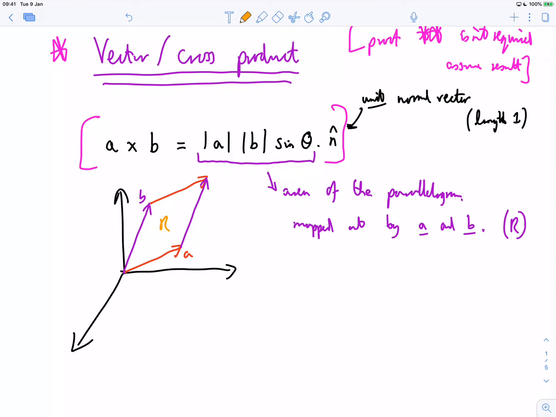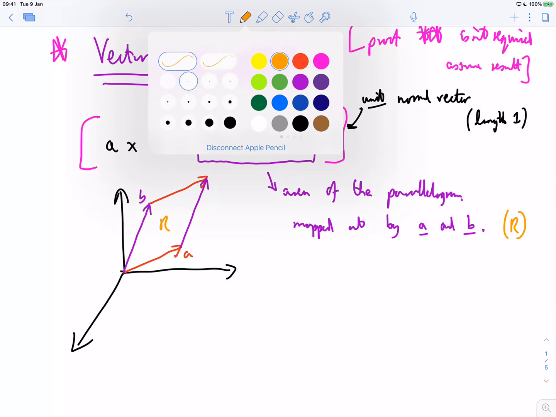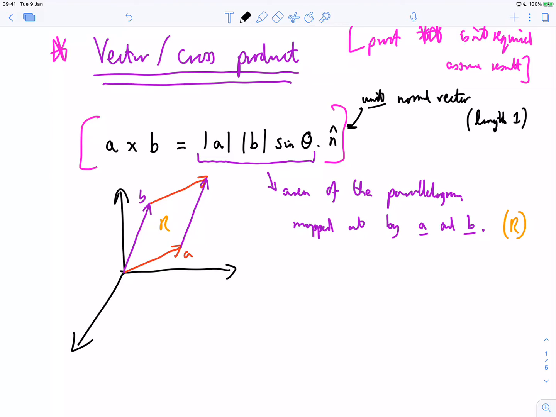Okay, so a lot to take in. Why is that? Well, let's prove it. So how do I find the area of a parallelogram? Well, notice how I use sine of theta here. Theta is the angle between A and B, so it's this thing. And now notice if I drop a vertical from here, that's 90 degrees, then this black line, if you think about it, is the height of the parallelogram if you turn it sideways.